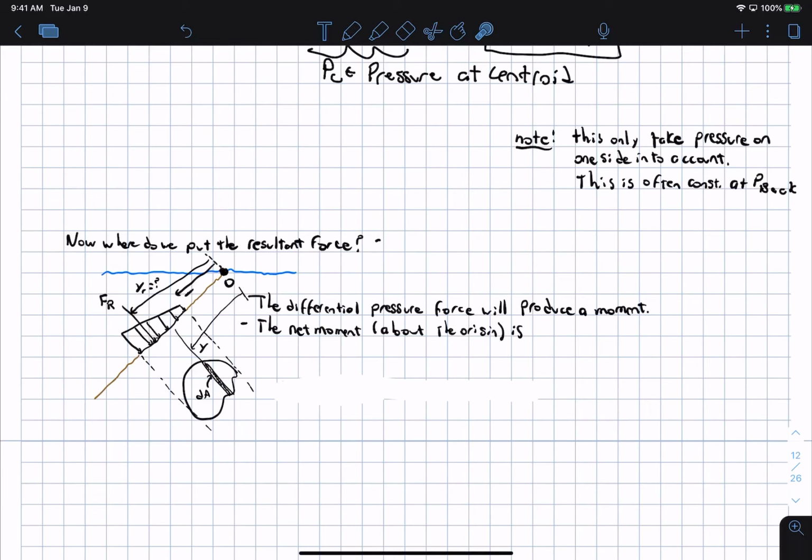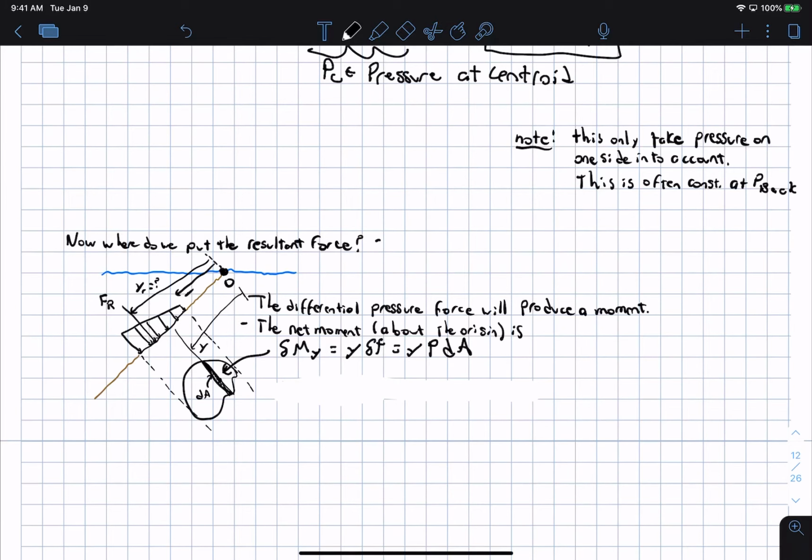Okay, and so on each strip we will have a small delta moment about the origin, and that will equal y, which is the moment arm to that line, times the force, which is just the small delta F on this patch. And we know that that's just y times p dA.